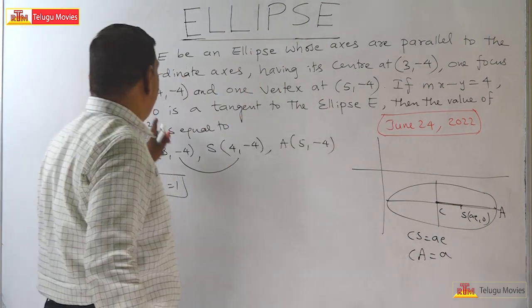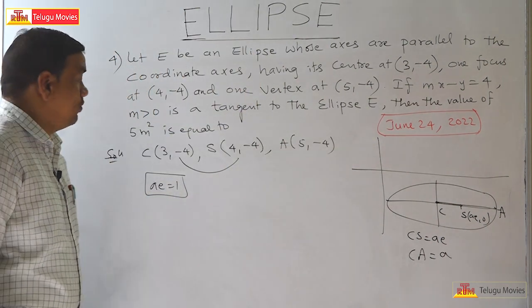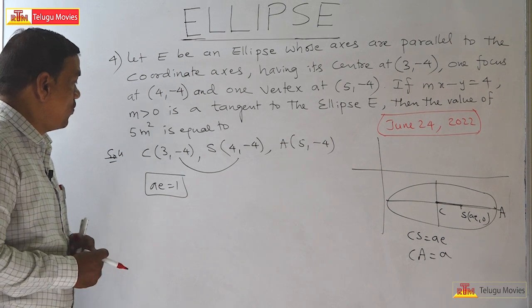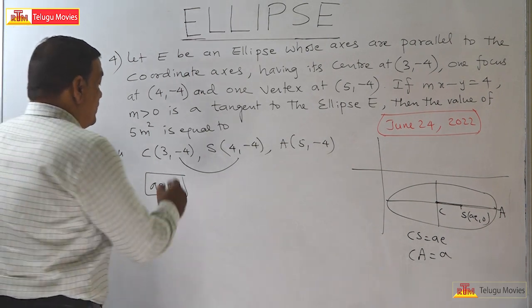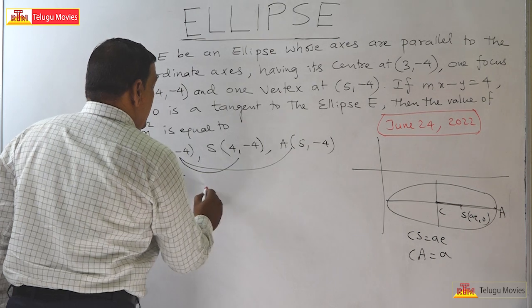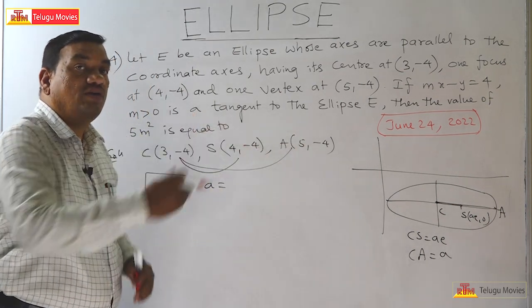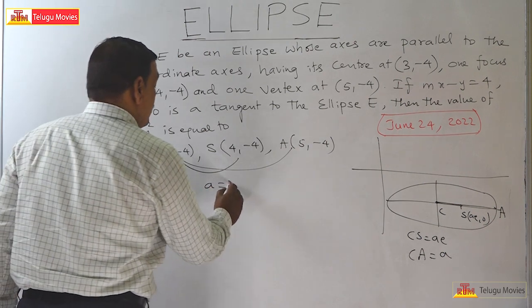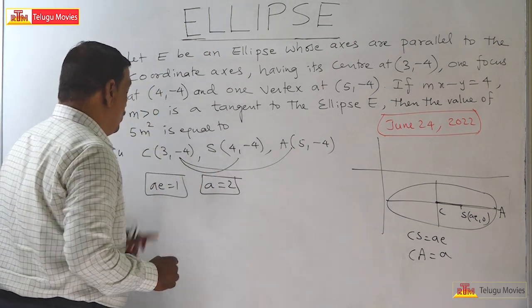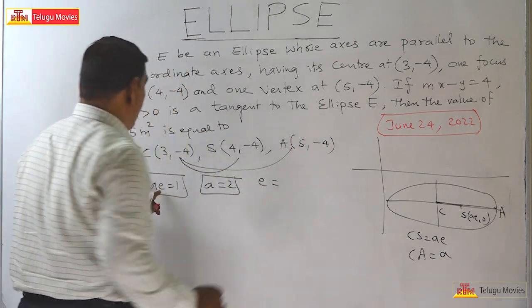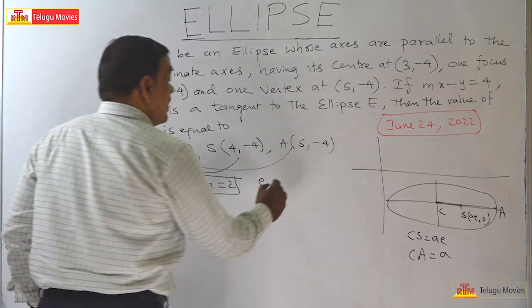Then what is the distance between C and A? That is equal to A. 3 to 5, the distance is 2 units. Therefore, A is equal to 2. Therefore, E is equal to 1 by A, that is 1 by 2.